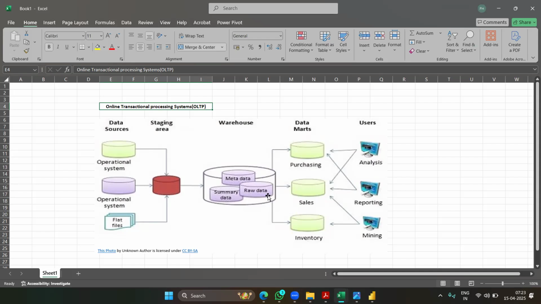In this way, the data warehouse is going to help us to maintain the data consistency, accuracy and history, right? And another thing is this data warehouse also helps us to split the analytical process from the operational process, making sure both the systems work in parallel and faster, right?